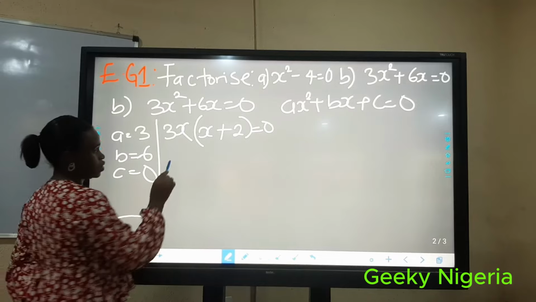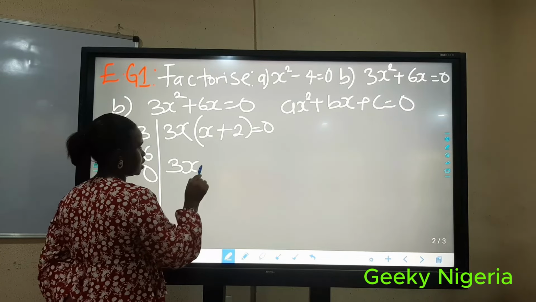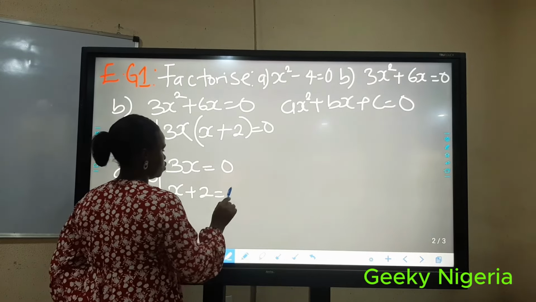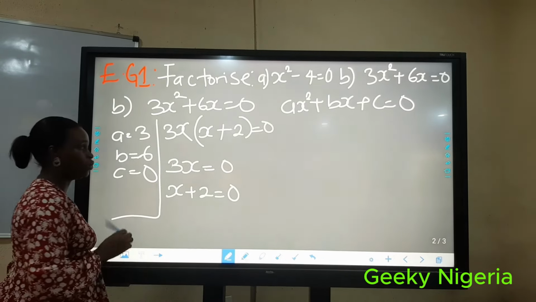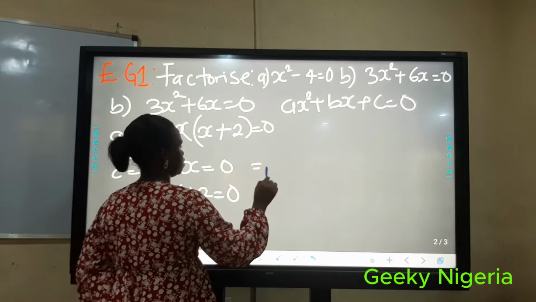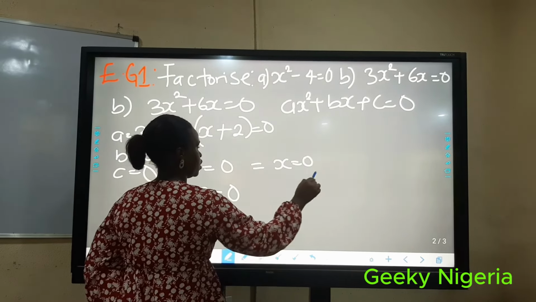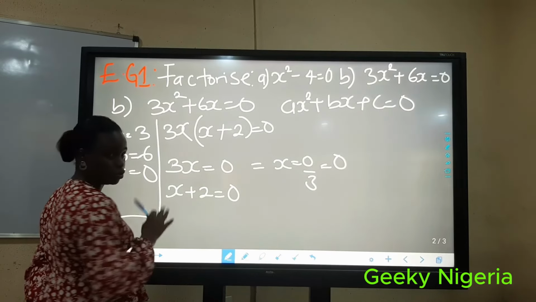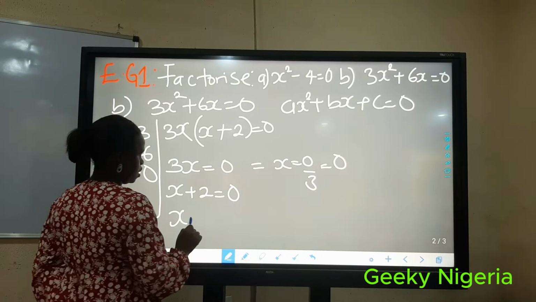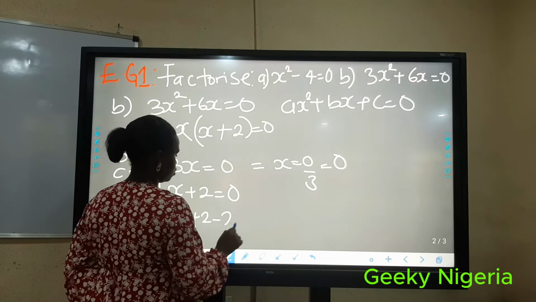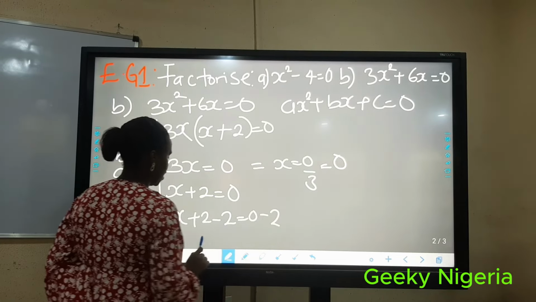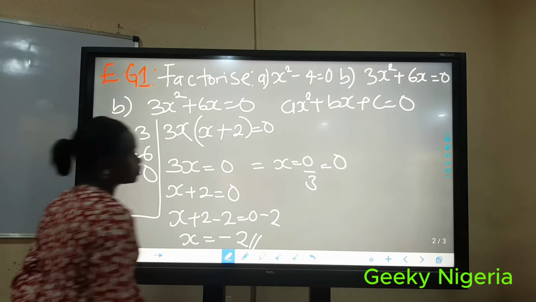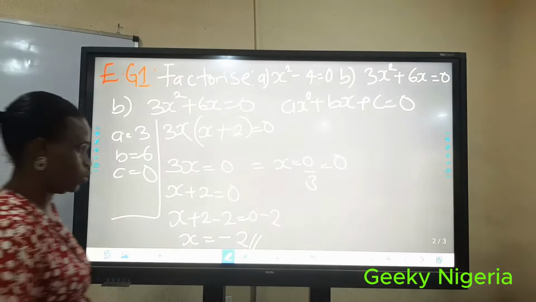So in this case, we're equating 3x equals 0 and x plus 2 is equal to 0 to find our answer. For 3x equals 0, it means x is equal to 0 over 3, which is equal to 0. And for x plus 2 equals 0, we subtract 2 from both sides, x plus 2 minus 2 is equal to 0 minus 2, and it means x is equal to minus 2. So that's it for this one.